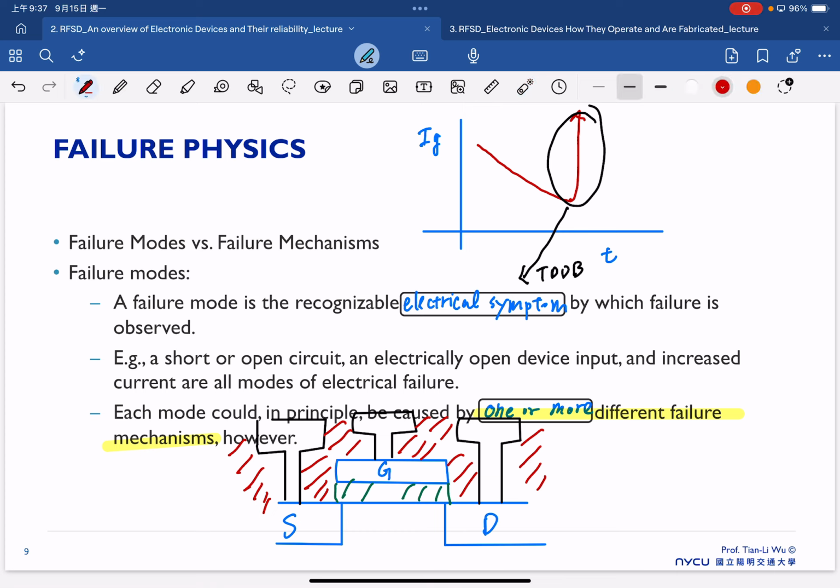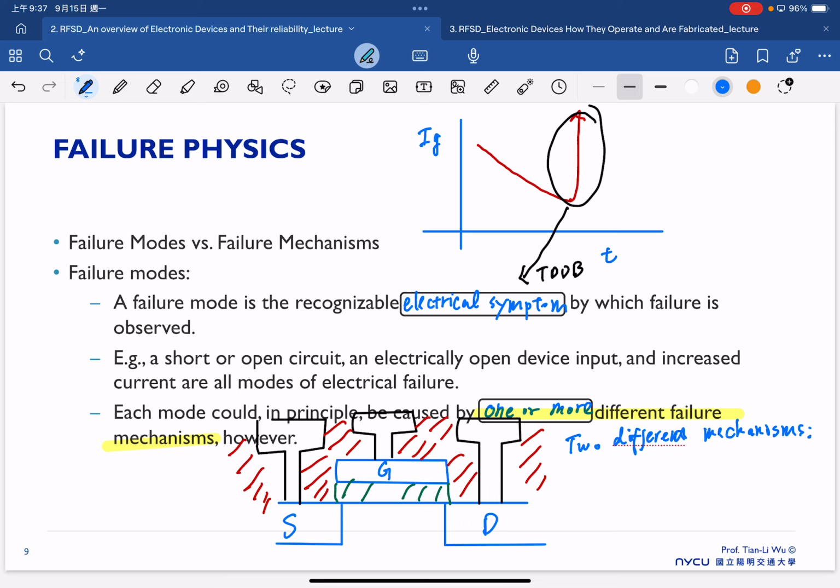For example, in this structure, if we consider both the front end and back end, there are two possible mechanisms that can happen.